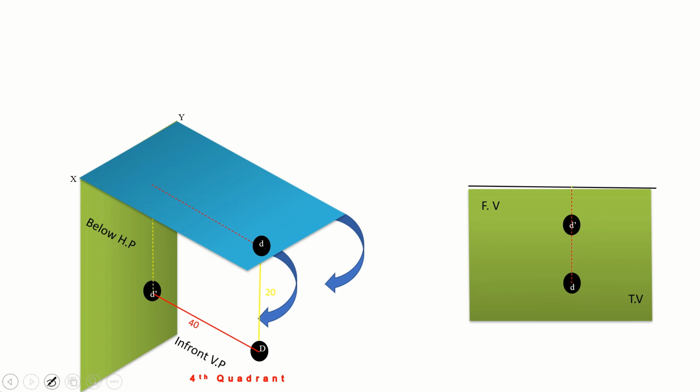In the first quadrant the front view will be above the XY line and the top view will be below the XY line, and vice versa for the third. In the second quadrant the front view and top view will both be above the XY line, whereas in the fourth quadrant the top view and front view will both be below the XY line. This is the similarity between first and third, and second and fourth. This we should not forget.